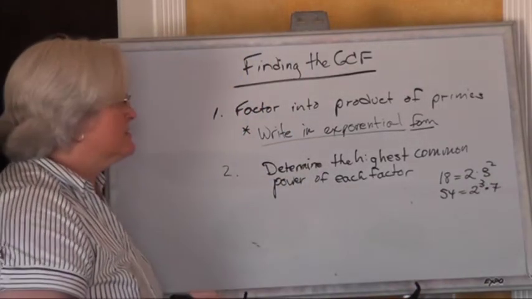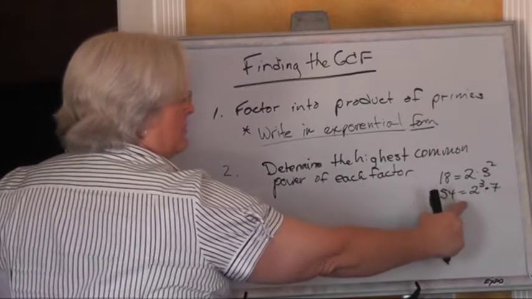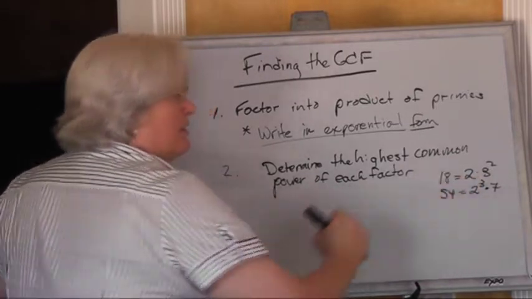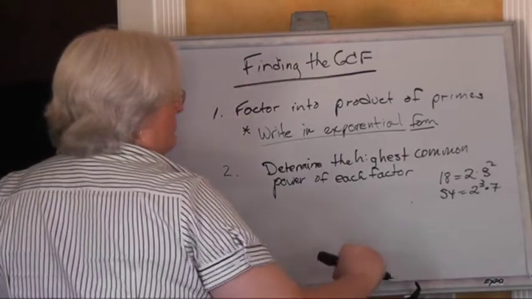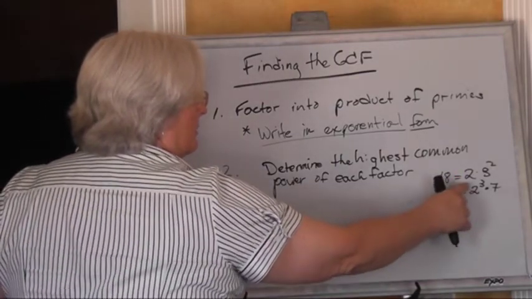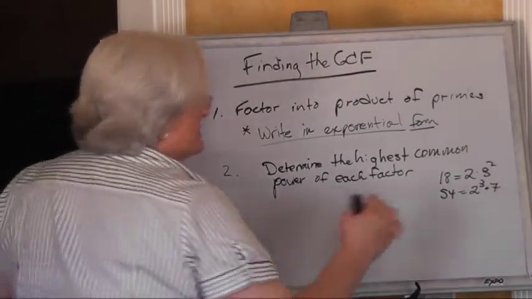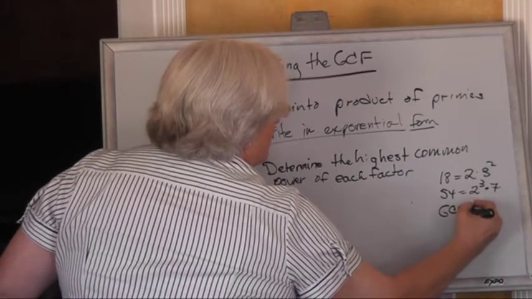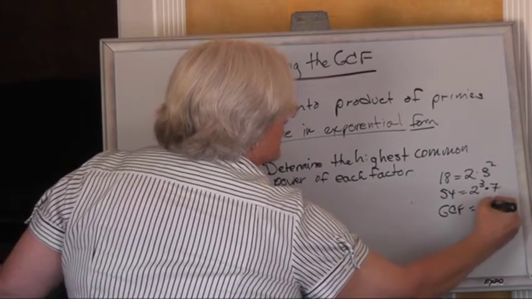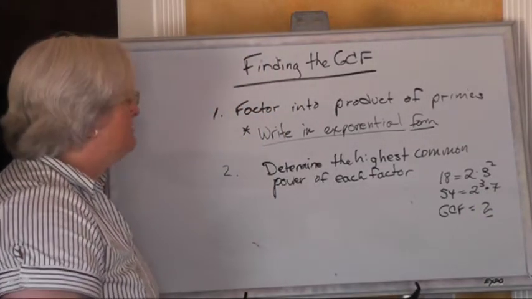So what's the highest common power of each factor that they have in common? The only common factor is a 2. 3 is not a common factor. 7 is not a common factor. And the highest power that these two factorizations had in common was just a single power of 2. So the greatest common factor of those two numbers was simply 2. Okay?